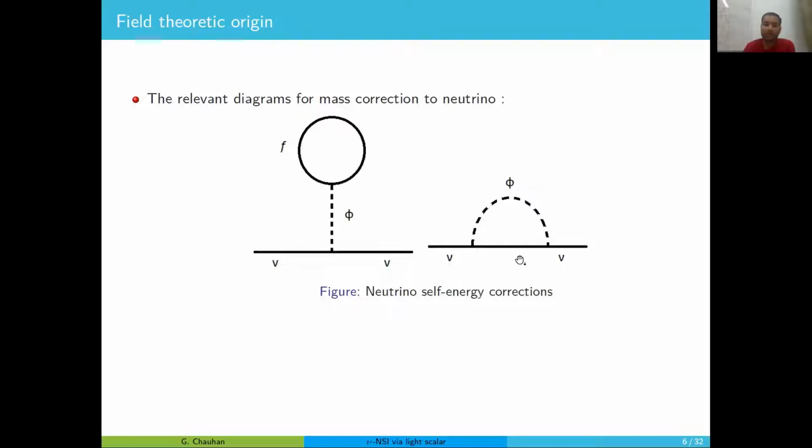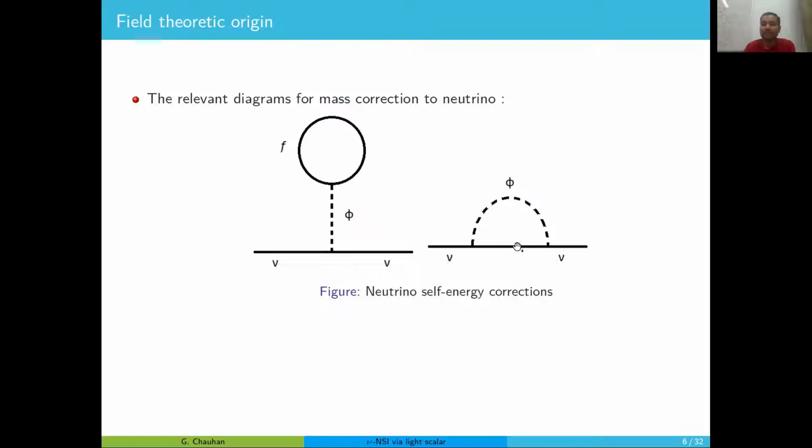But usually what happens is if you calculate these effects, the effect of these diagrams is proportional to the masses of the particles that appear inside these internal lines, the ones that are thermalized at least.